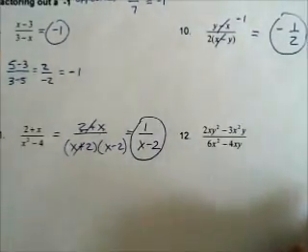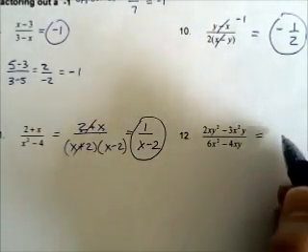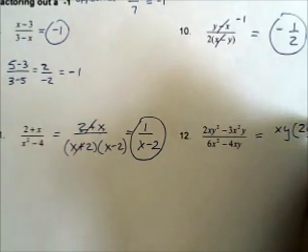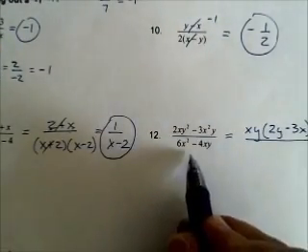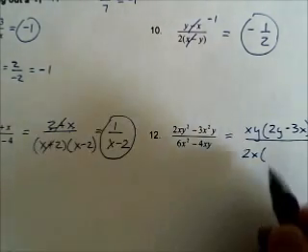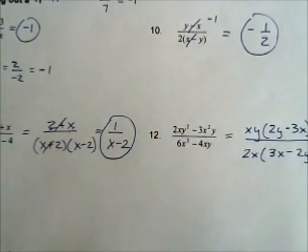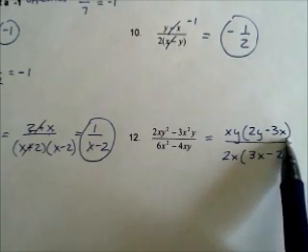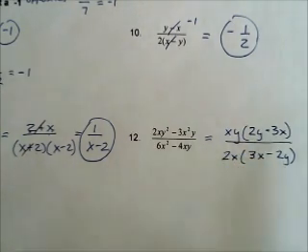Number 12, we've got a factor here. The numerator, let's see, what's in common? An xy, and then 2y minus 3x is our other factor. Denominator, 2x is the GCF, and 3x minus 2y. Looking inside our parentheses at our two binomials, 2y minus 3x in the numerator, 3x minus 2y in the denominator.